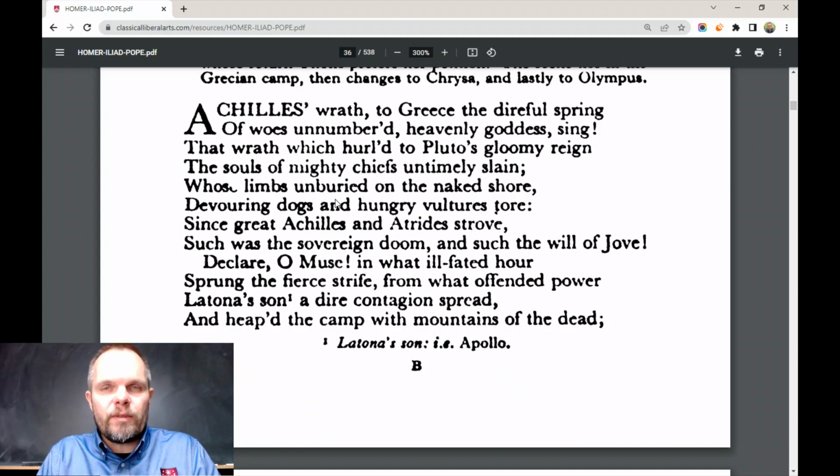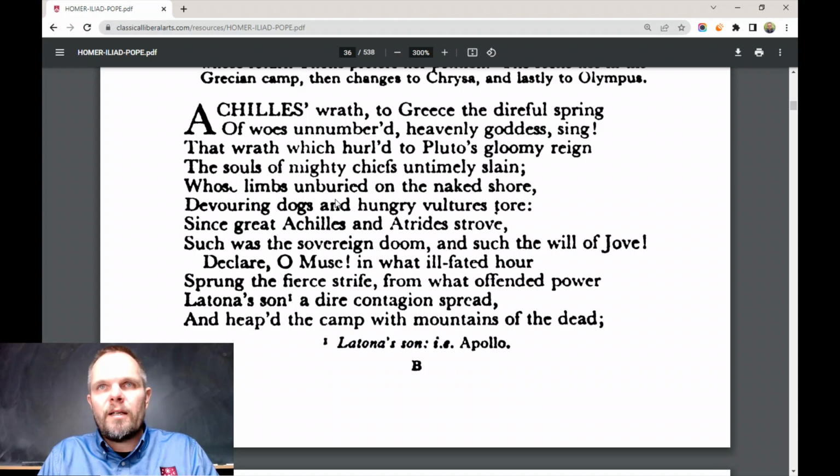So we're going to read the English translation of Alexander Pope, and what's important to know about this translation is that it's written in what's called Iambic Pentameter, which is a form of poetry. That name refers to the number of what are called feet in poetry, and the kind of foot that's used in this translation.